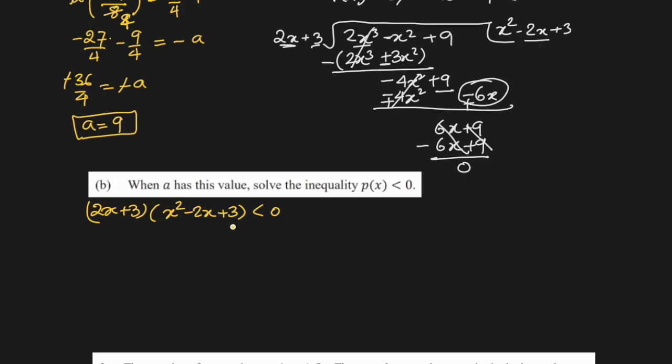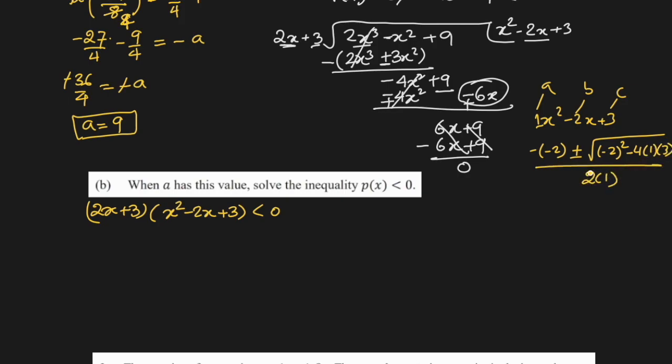Okay, so now we have to factor this to get more roots. So x squared minus 2x plus 3. For this, 1 we get a, minus 2 we get b, and 3 is c. I'm using the quadratic formula: minus b, which is minus of minus 2, plus or minus the square root of b squared, minus 2 squared, minus 4ac, over 2 times 1.